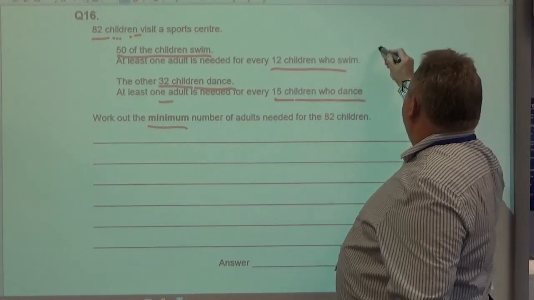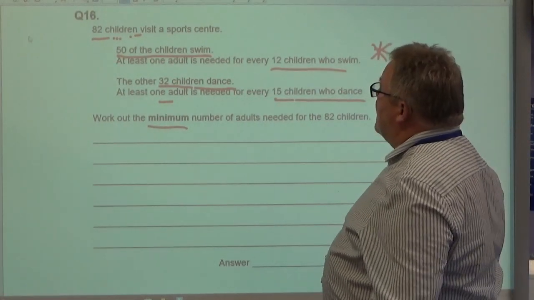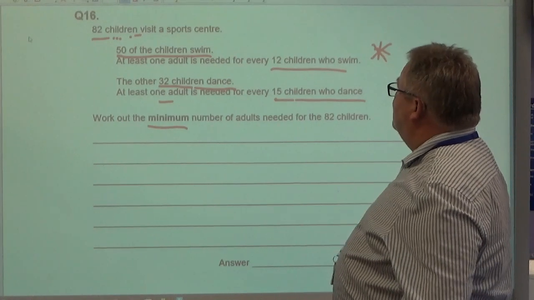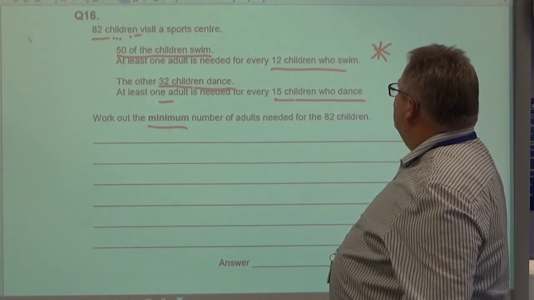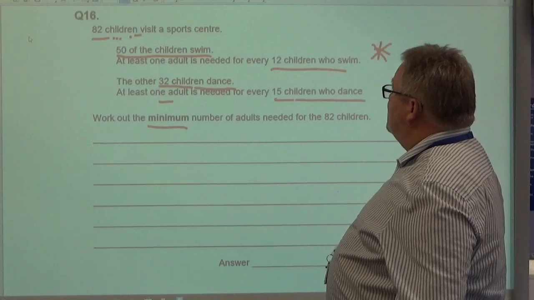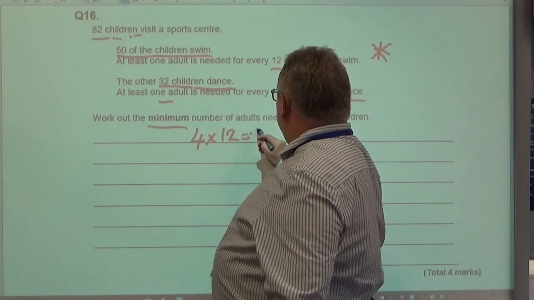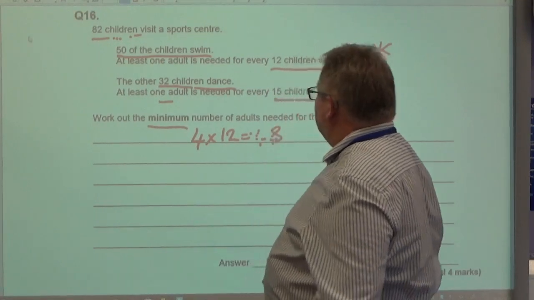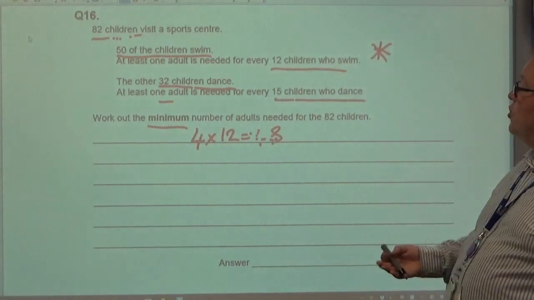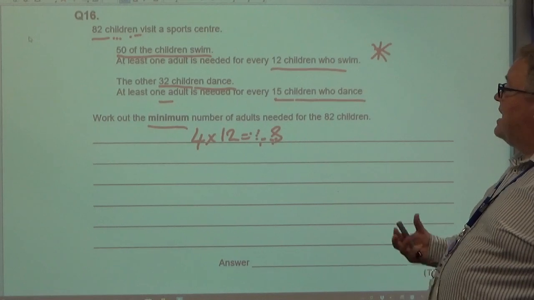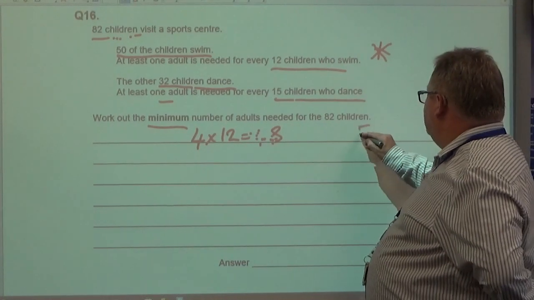So we're going to look at this bit first here, and there's 12 children there, so 4 times 12 equals 48. So 4 adults wouldn't be enough. We'd have to have 5 adults there.